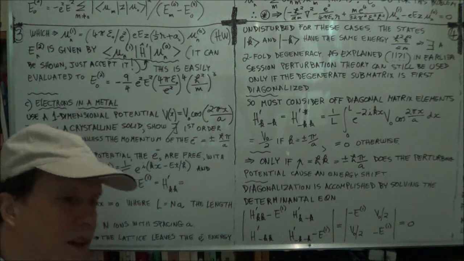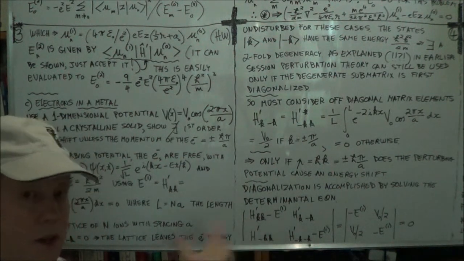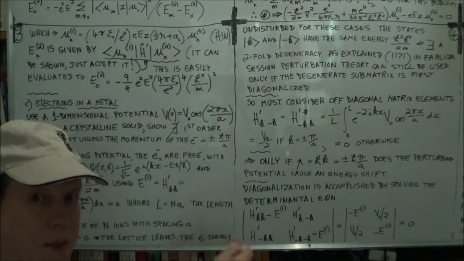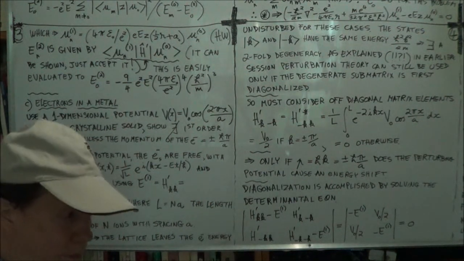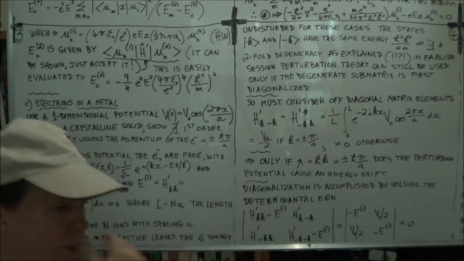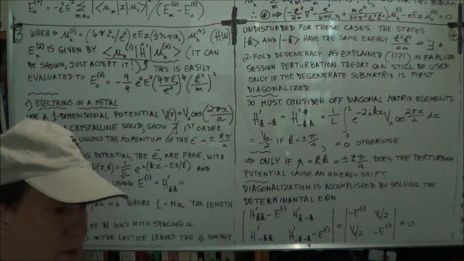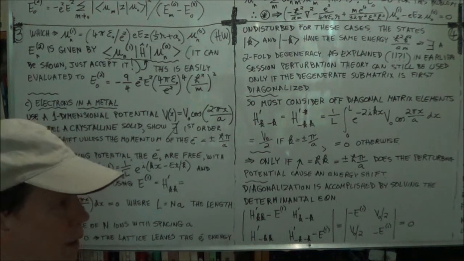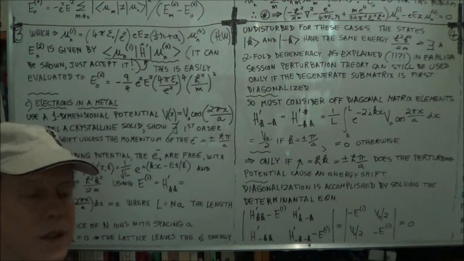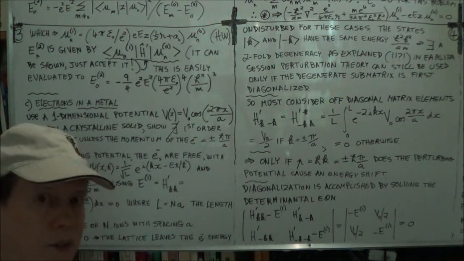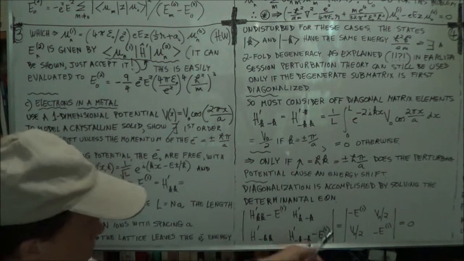So you bring the right hand side over to the left hand side. Then you have operator times function minus a number, scalar or constant, times the same function equals 0. And that has a solution if the determinant is 0. So then you find the determinant of the left hand side. That's where this kind of thing comes from.